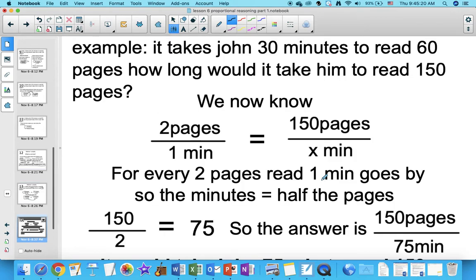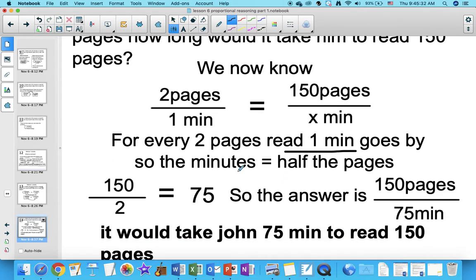So we know that John reads 2 pages in 1 minute. So the minutes is half the pages, right? So I turned 2 into 150, and I turned 1 into something else.